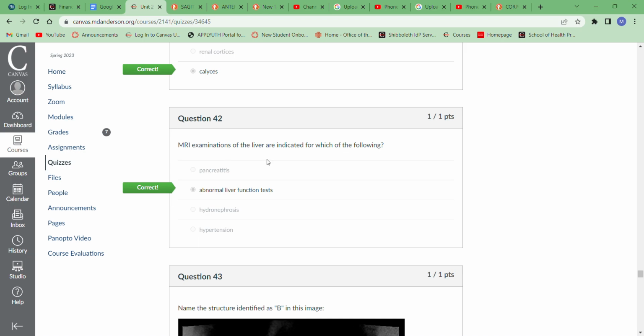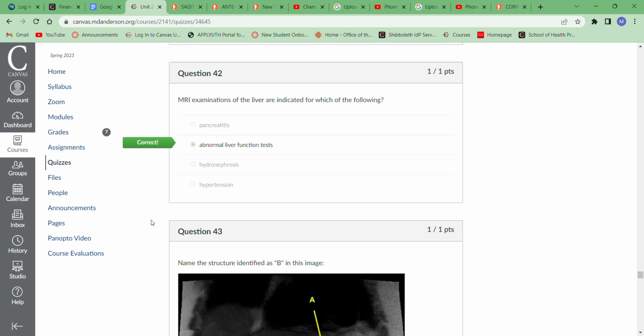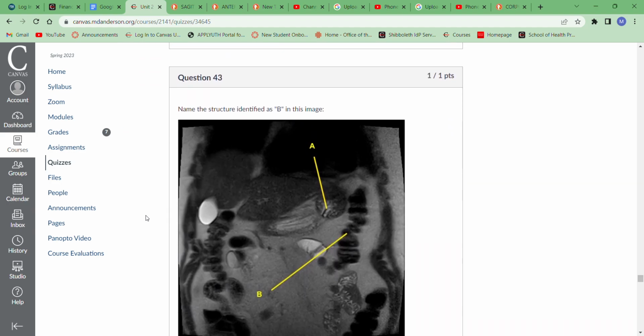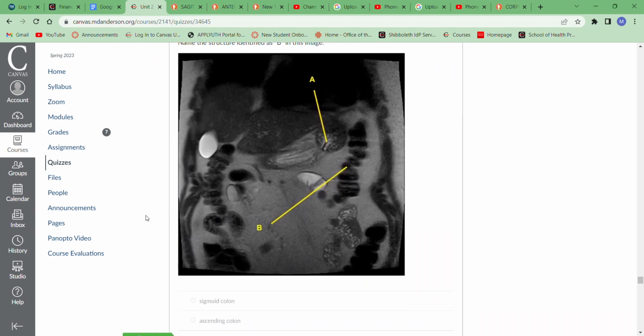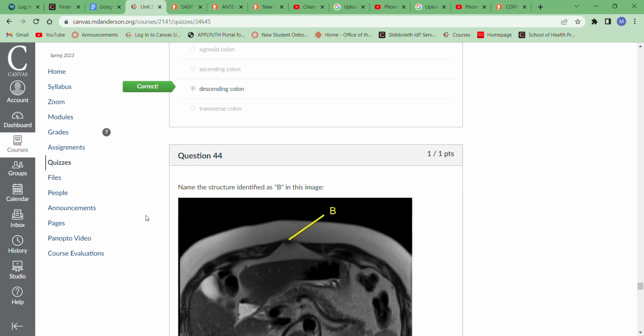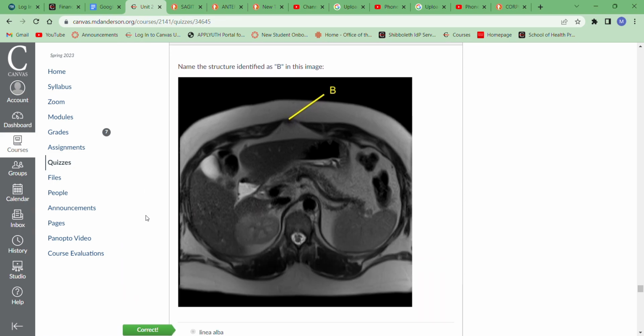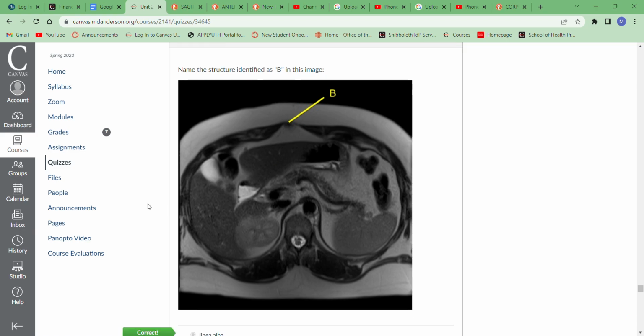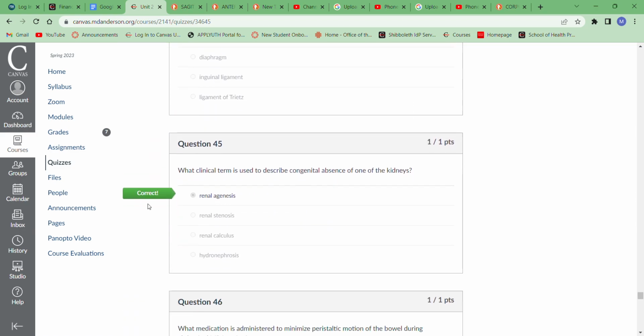MRI examinations of the liver are indicated for which of the following abnormal liver function tests? Yeah, so you're going to give a blood test, and if you have abnormal liver function, then you might need an MRI after that. B, that looks like the descending colon, yep. And B here is the linea alba, so that's the white line that divides the rectus abdominis muscles in half.